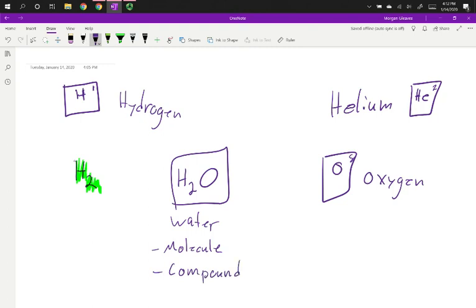If we look just at H2, there are 2 atoms, so it is definitely a molecule, but it is not a compound. Their elements are the same. And helium only shows up free floating. There's only ever 1 helium, and if there's only 1 of something, we don't write the number.